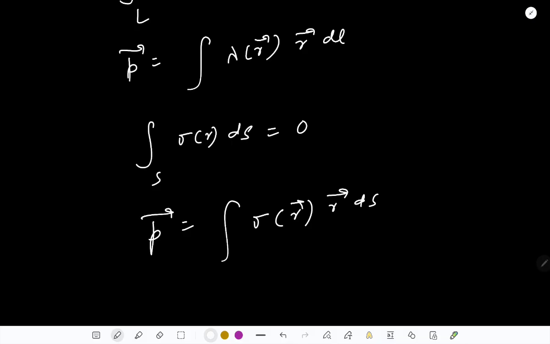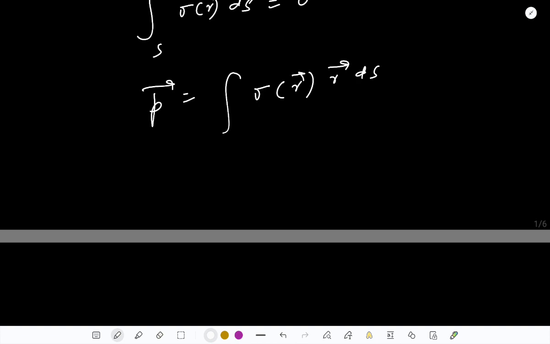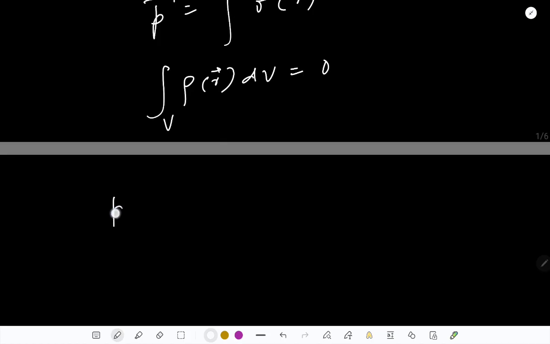Qr, that is q multiplied by length, is simply the electric dipole moment. In the case of volume charge distribution, you need to ensure first that the integral of rho dV must be equal to 0 over the whole volume, and then you can calculate the dipole moment simply by the integral of rho r dV for the whole volume. And that's the procedure to find electric dipole moments.